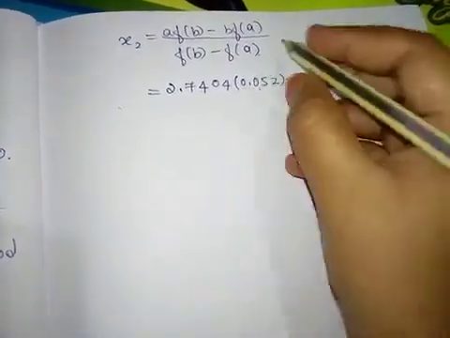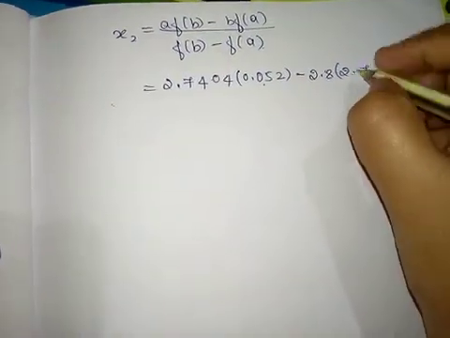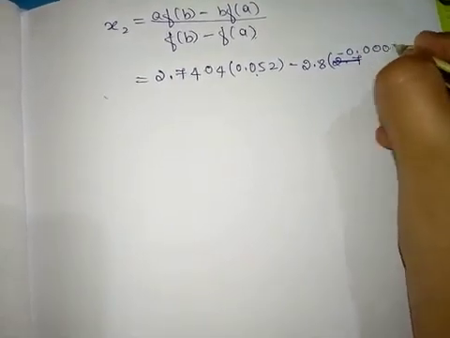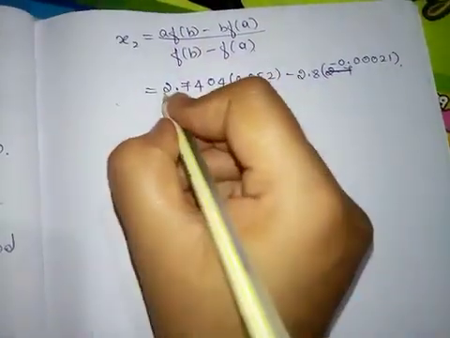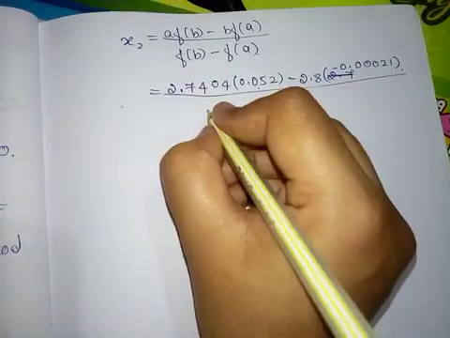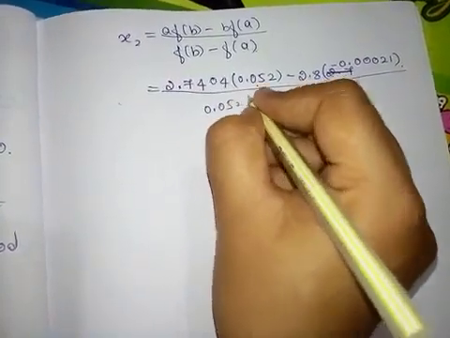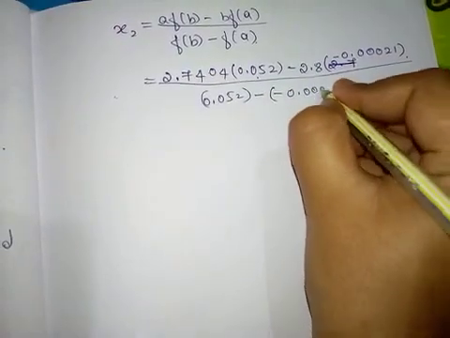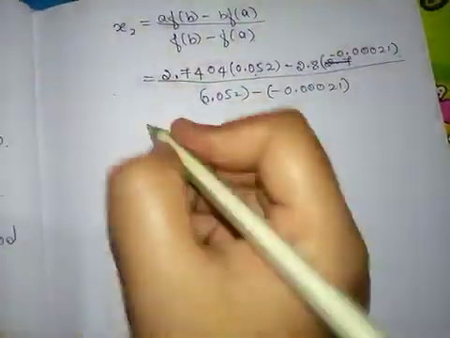A value is this. F of a value is minus 0.00021 whole divided by 0.052 minus of minus 0.00021.